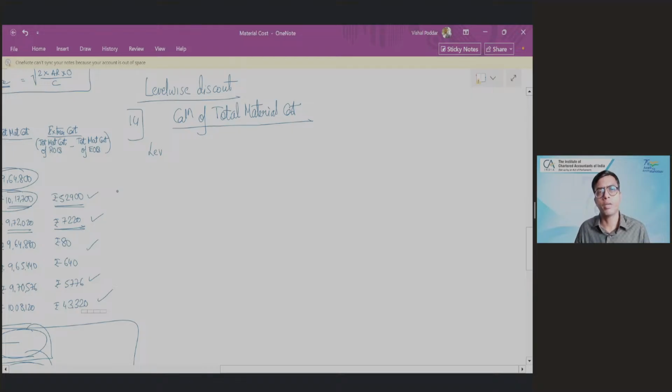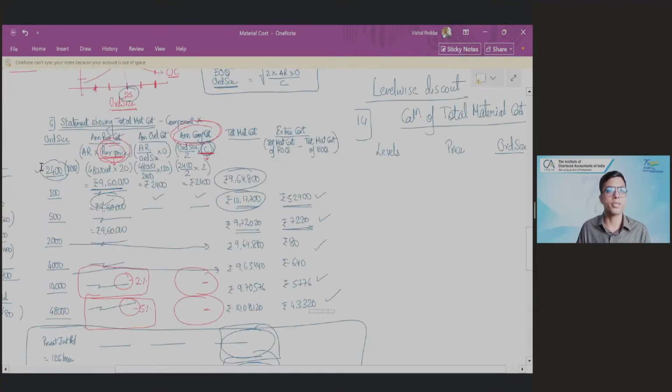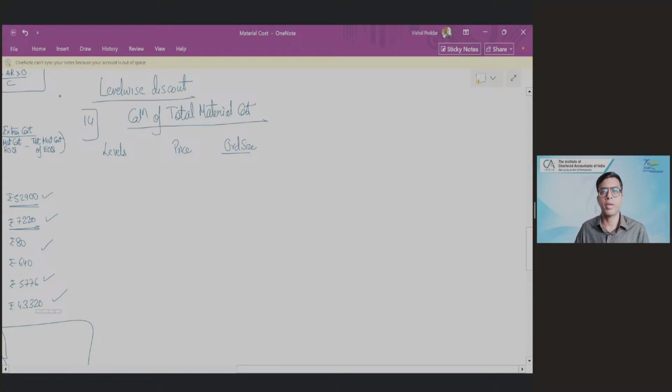For every level, they have given you a price. Fine. But we don't need this. We need our order size. Understand this, we need order size for all our workings, because our entire format of working, like when we did this comparison working, we started with order size. Once you get order size, all the workings are simple. So my format is order size, and then annual purchase cost, annual ordering cost, annual carrying cost, and then the total cost.